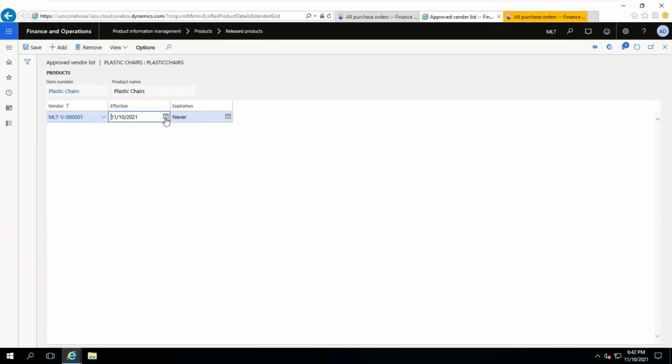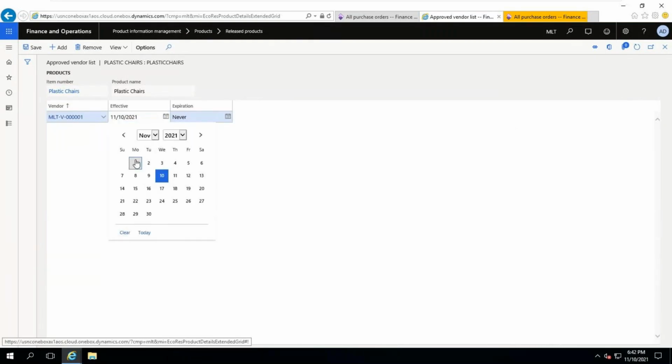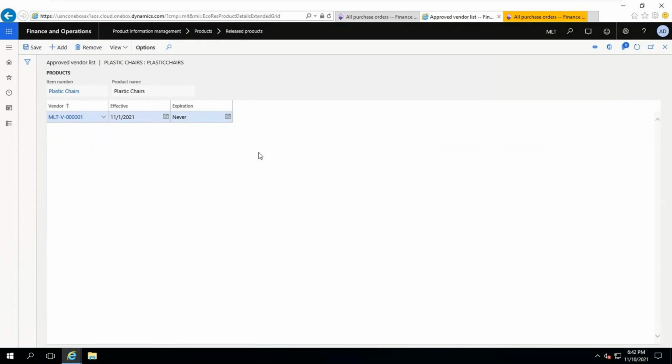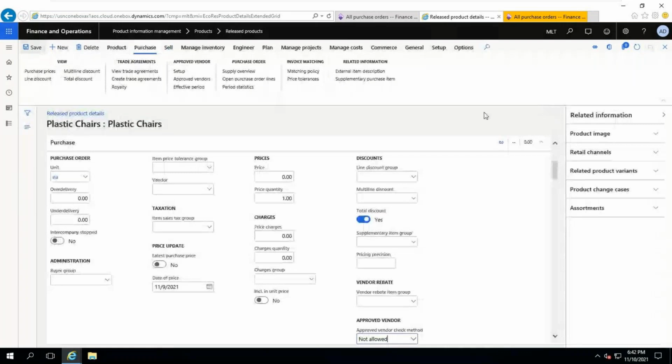Understood? This is the approved vendor list, and the middle one is warning only, which means I want to purchase from the approved vendor list, but sometimes I would like to purchase from other vendors as well.